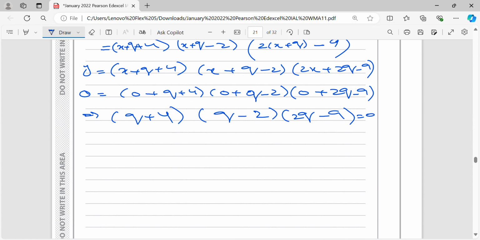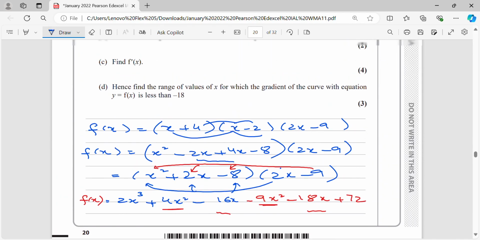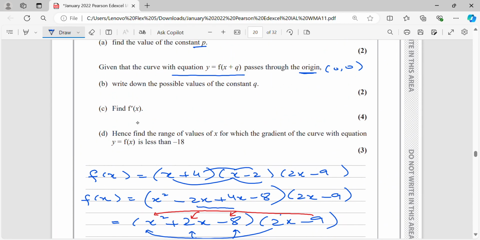It means each factor: either q plus 4 equals 0 or q minus 2 equals 0 or 2q minus 9 equals 0. From here I can get the value of q. Then q is negative 4, q is 2 and q is 9 over 2, that is 4.5. Okay, so these are the values of q. This is what I have been asked. Write down the possible values of the constant q, and that is done for 2 marks.